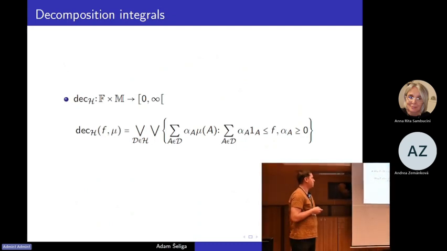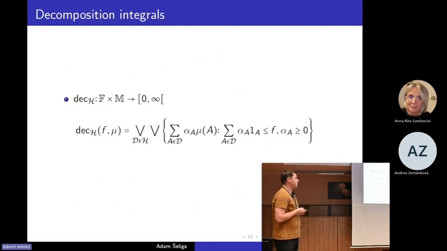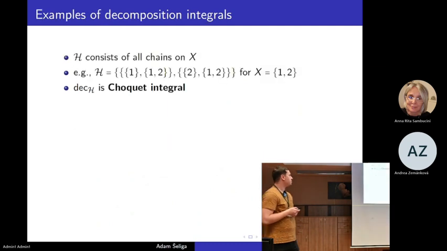We replace the indicator function by the value of the monotone measure, and we find the suprema of all possible subdecompositions in this sense. And we also take the suprema through the collections in the decomposition system.